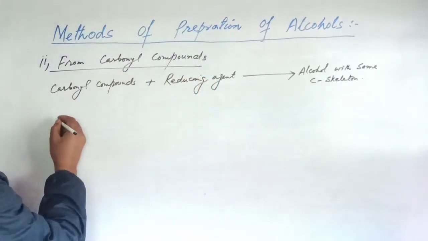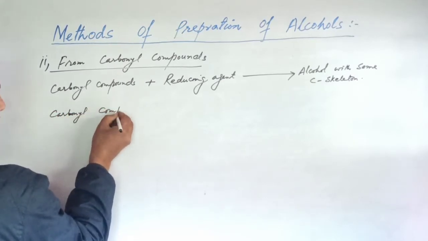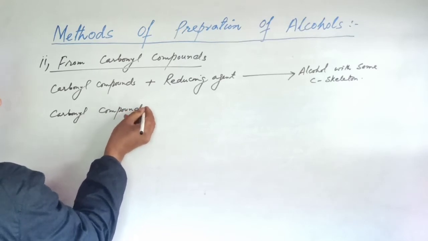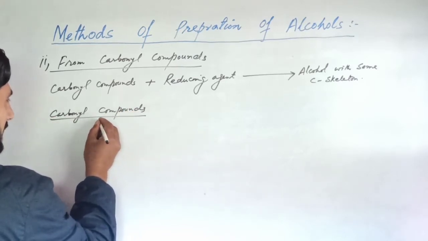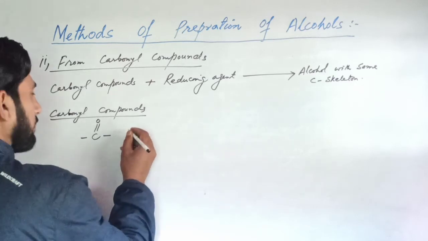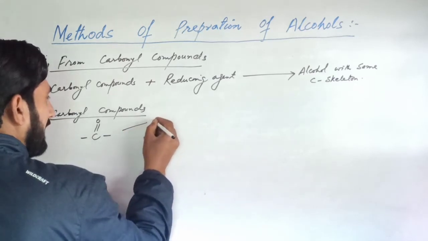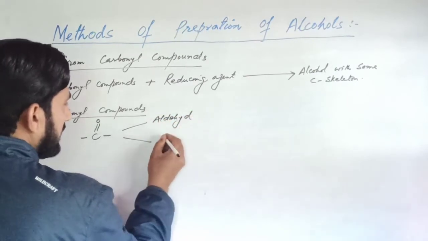Now, what are carbonyl compounds? Carbonyl compounds are the compounds containing the carbonyl group. Carbon doubly bonded to an oxygen atom is called the carbonyl group. This carbonyl group is present in aldehydes and ketones.